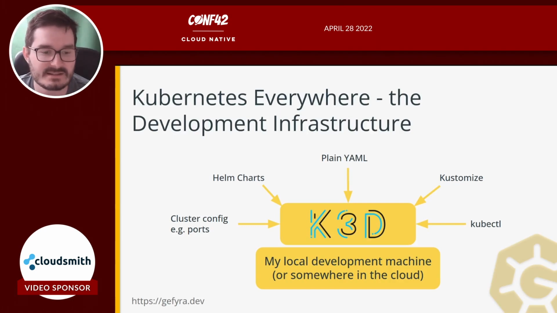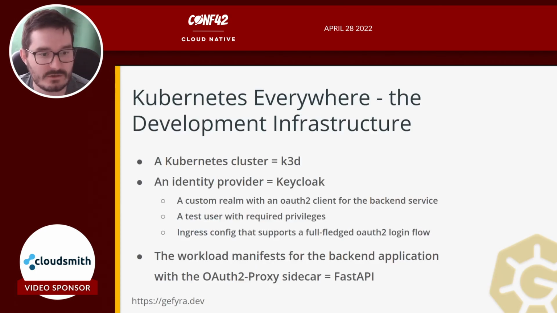I have dependencies which I am going to install using Helm charts and customize, and I will be providing a plain YAML file, or a couple of them, to describe my custom backend application. And of course, developers are also using kubectl during development time in order to interact with the Kubernetes cluster. So I need a Kubernetes cluster. As I said, it will be K3D.